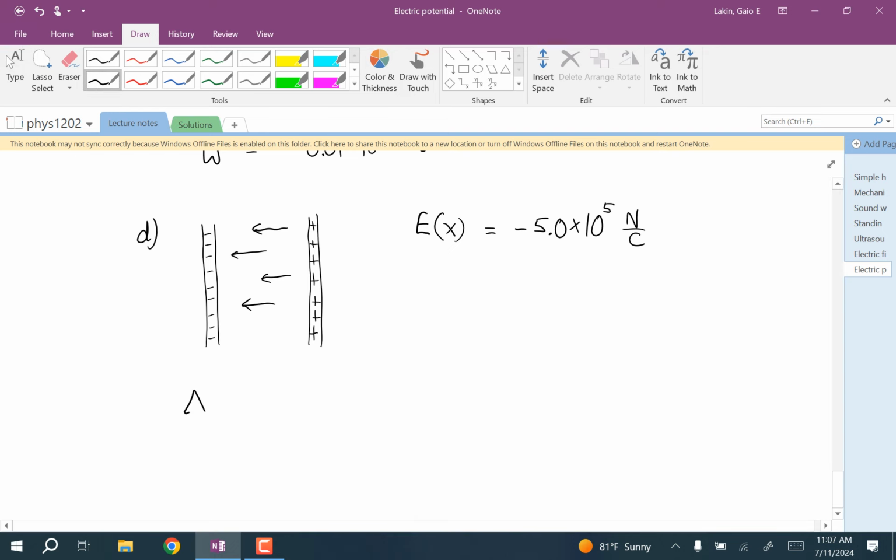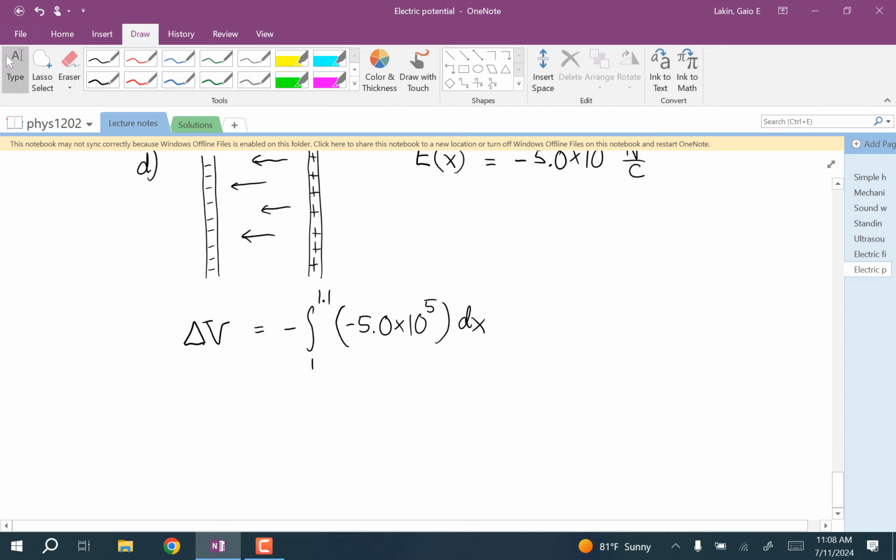And so our change in electric potential is negative integral from the starting point to the ending point of negative 5.0 times 10 to the 5th dx. And so the two negatives here cancel.